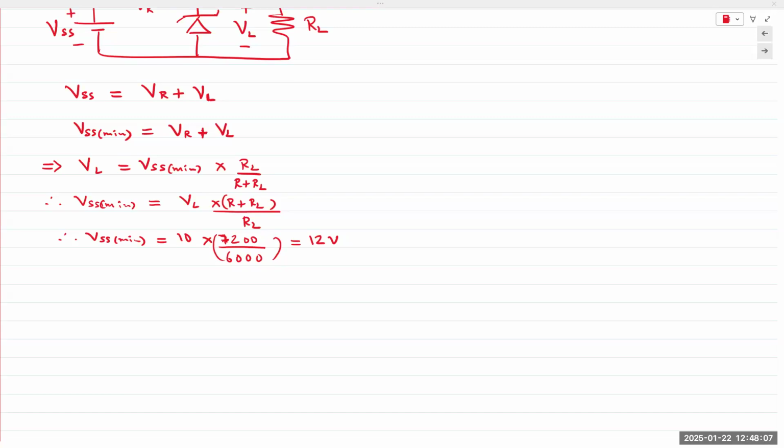Sign convention around KVL. Does that make sense?